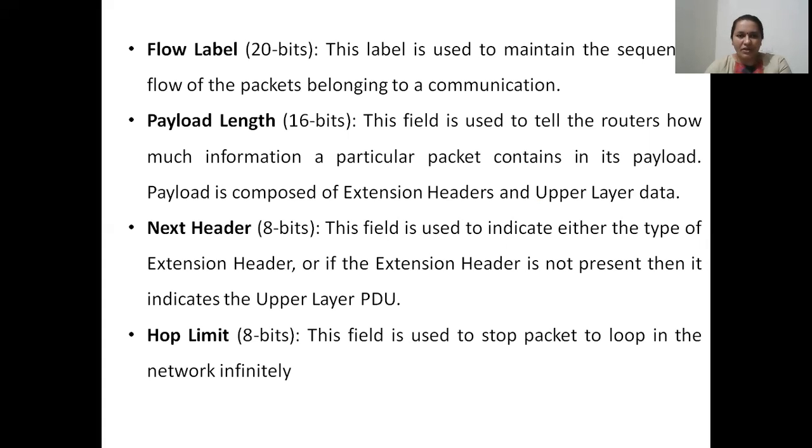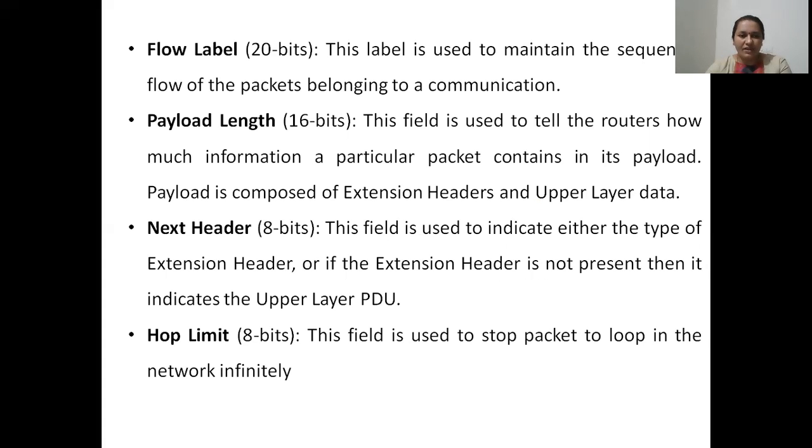So how much information is present in the payload will be indicated by the payload length. This is useful information to the routers, which establish a virtual path between the source and destination.